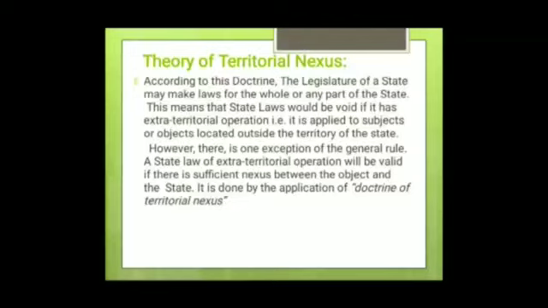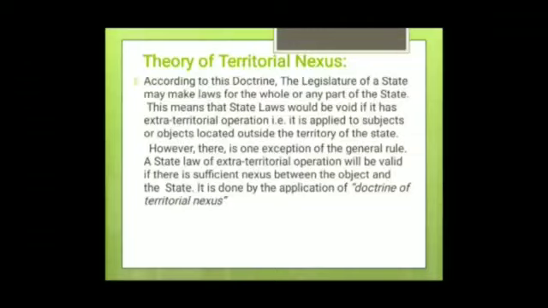Now what does it say? That the legislature of a state can make law for either the whole or any part of the state. So what does this mean? If it makes any law which has extraterritorial operation, it would be void.